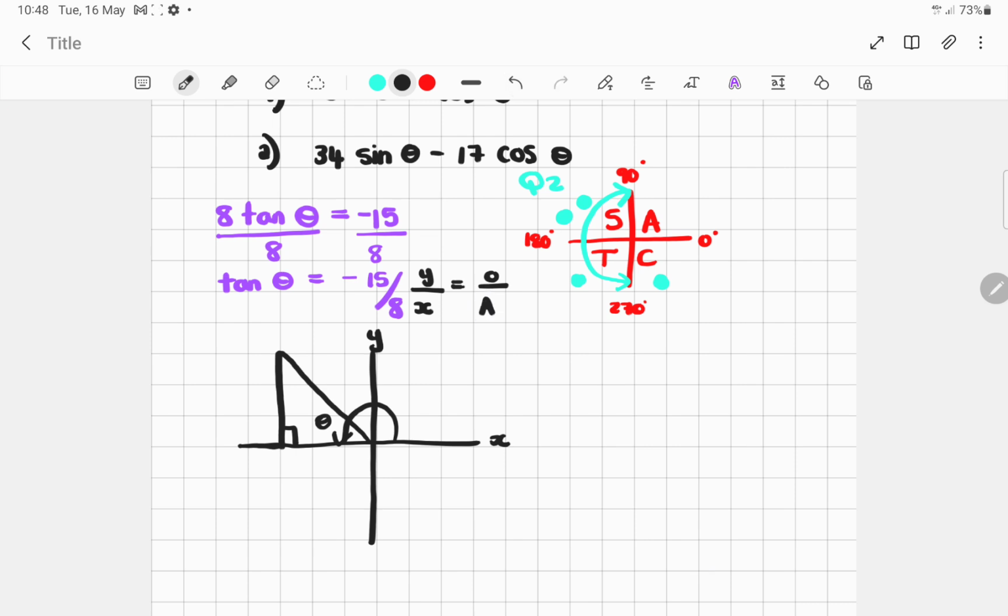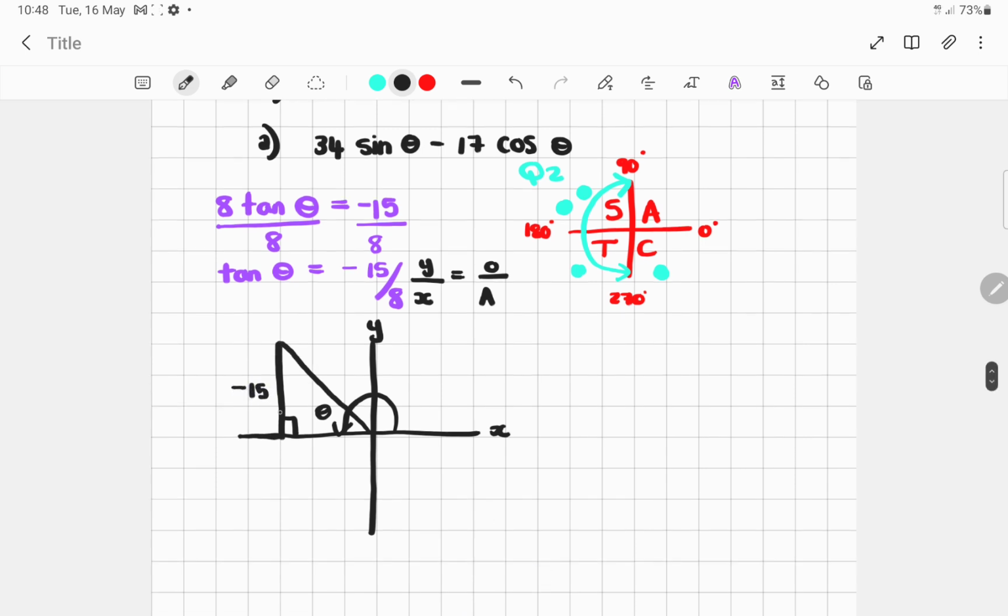So over here, this would be negative 15. Does it make sense that the y is negative 15? No, so the negative doesn't belong to the 15. So it's going to be 15 over negative 8. Does the negative belong to the x? Yes, it does, because it's on the negative side of x.